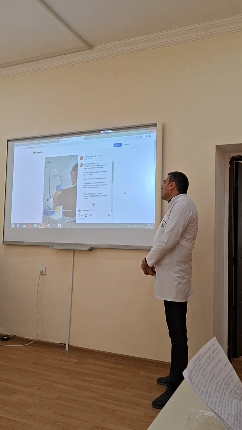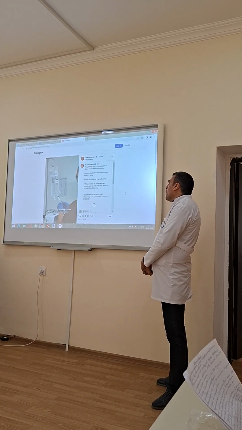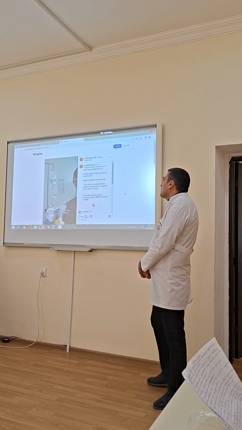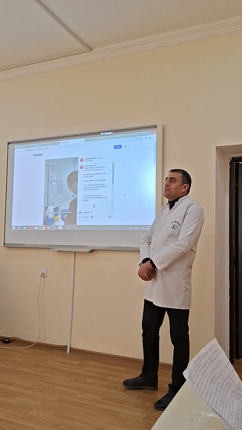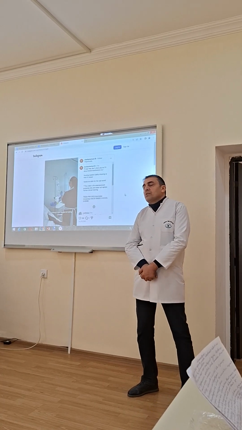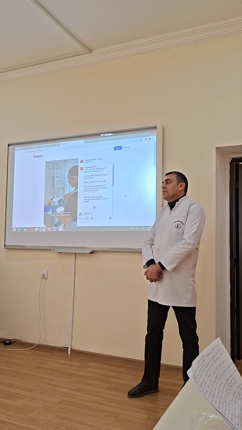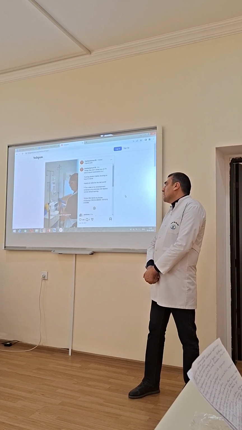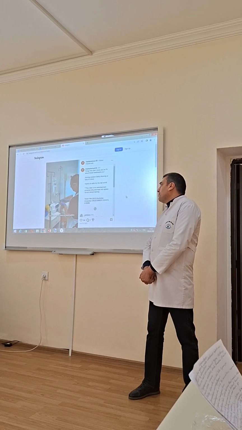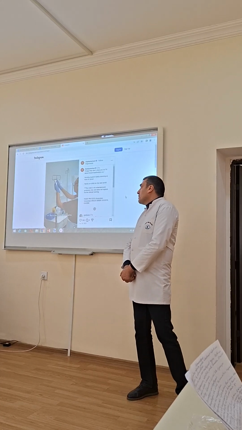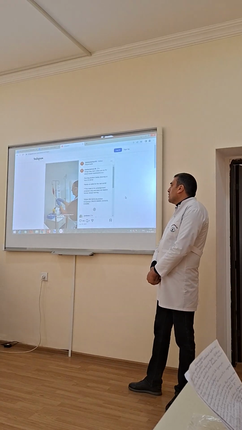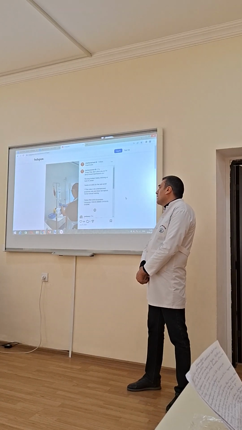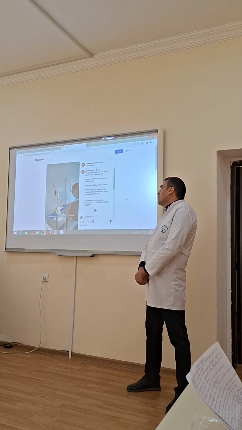The person who gives blood to other persons is called a donor. The person who receives blood is called a recipient. The direct blood transfusion is nowadays rarely used.